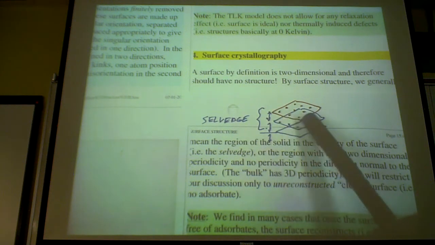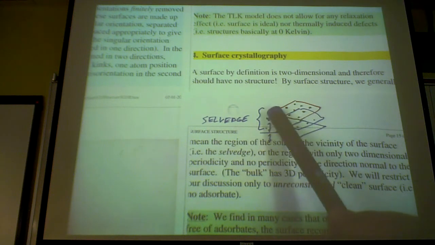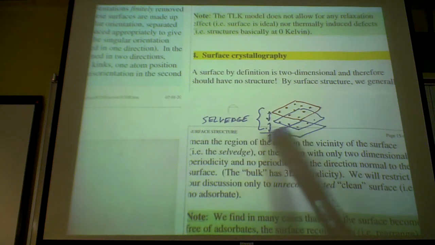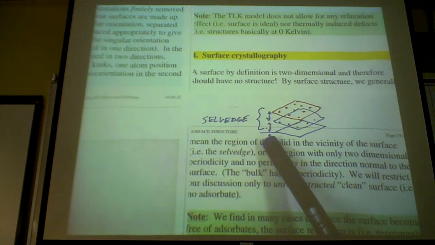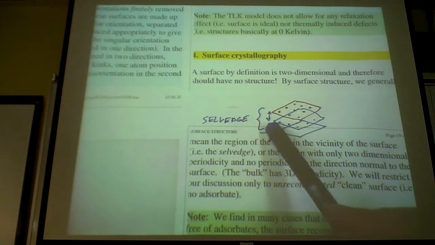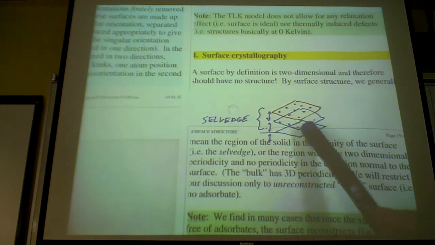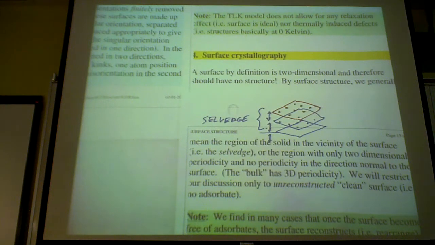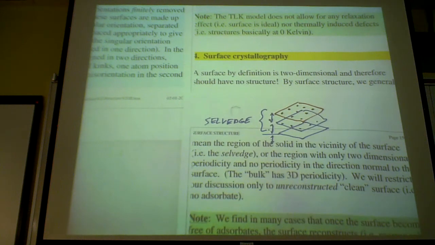These are the regions where the first plane and the second plane spacing are changing slightly until we hit what we consider bulk, whereby the d spacing no longer changes. So the top layer, this selvedge region, is what we often think of as the surface, instead of just the first plane.